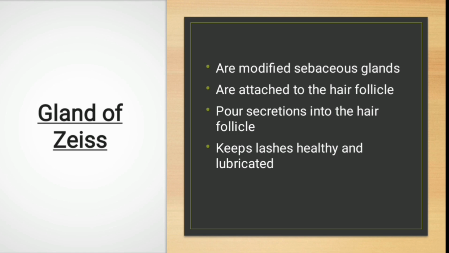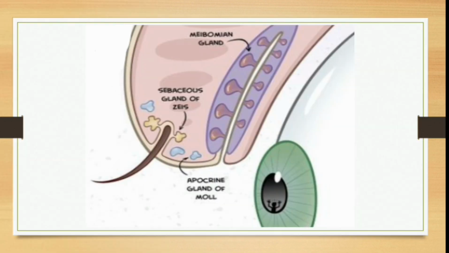So basically they are attached to the eyelash inside the skin, right? Over here you can see this was an eyelash, and with the hair follicle, this yellowish structure is the gland of Zeis, which produces the oil, which can also be named sebum, right?